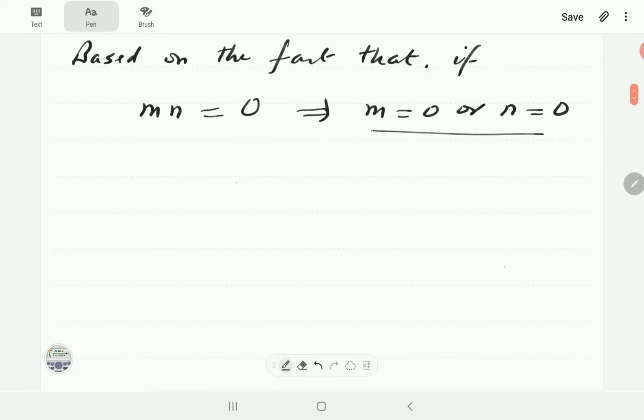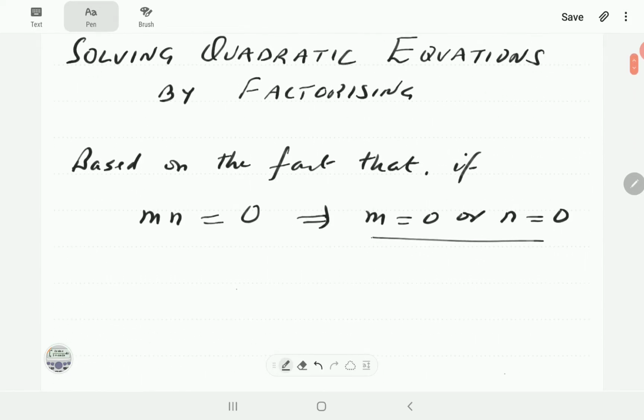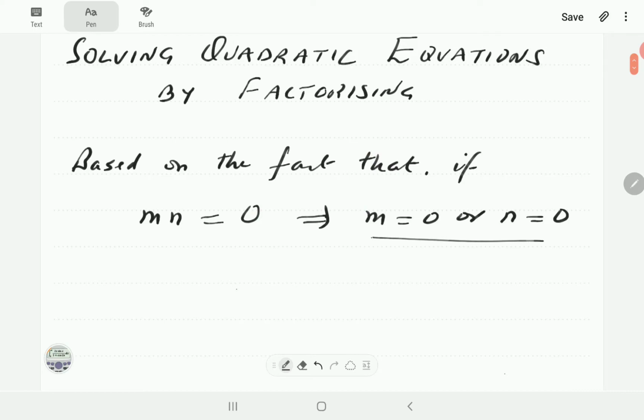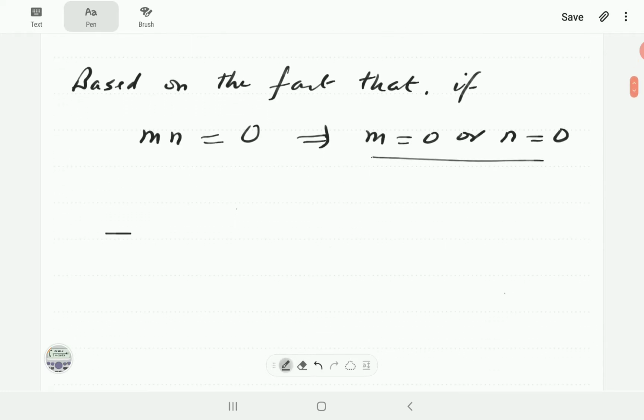So in the case of quadratic equations, the idea is to write the equation as something times another thing equal to 0, and then from there we can solve the equation. So the steps in solving a quadratic equation will be as follows.